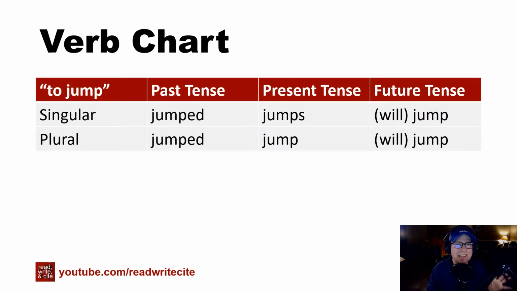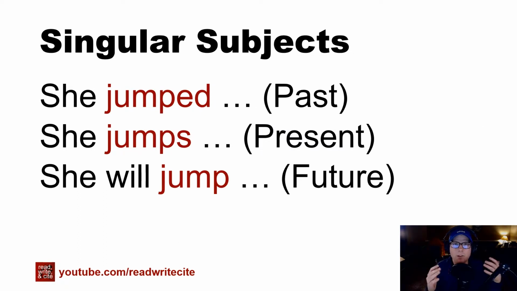Let's look at some examples of how it should be done. Okay, so if you have a singular subject, you may say she jumped. That'd be past tense. She jumps, which would be present tense. This is the tricky one because when we make something plural, we add an S or an ES to the end, right?